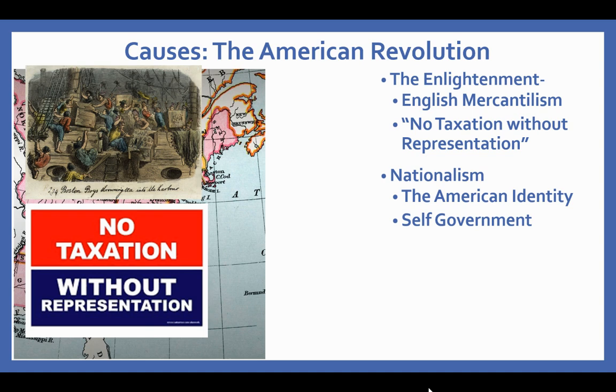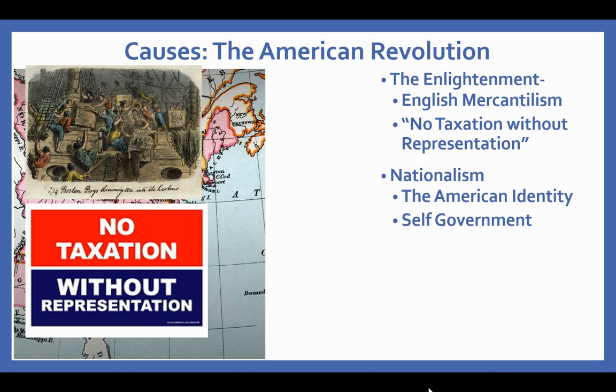When we look at nationalism, the Americans who lived in the colonies began to develop an identity that was different from being British. Living in the colonies was difficult. It required a great deal of self-sufficiency. It required a different demand than living in mainland Great Britain.